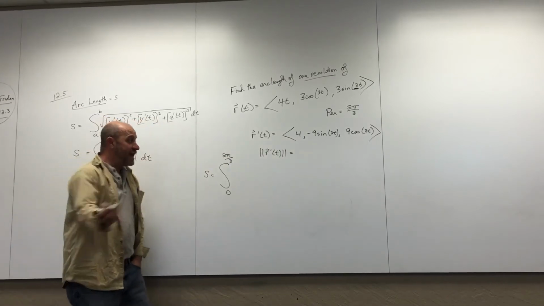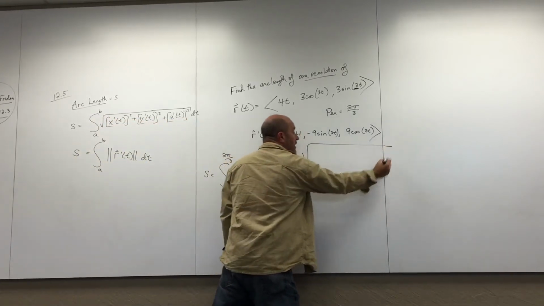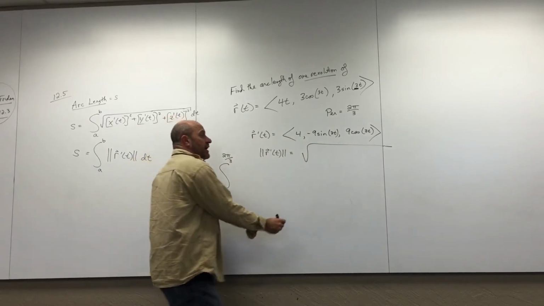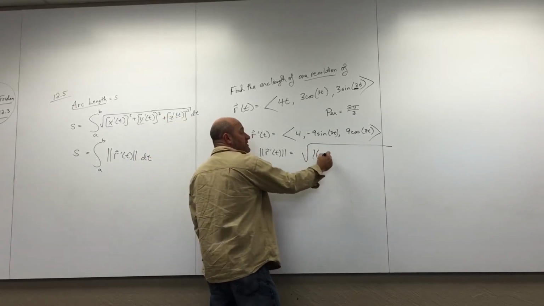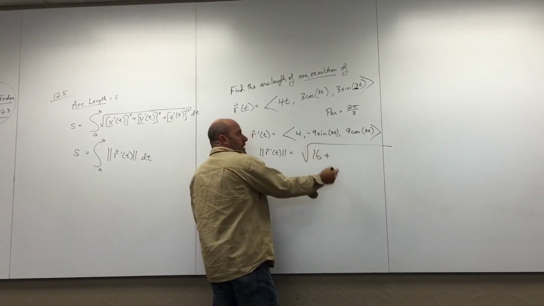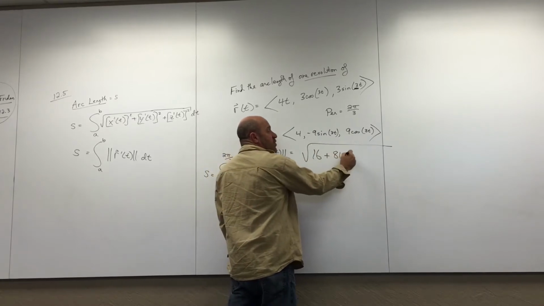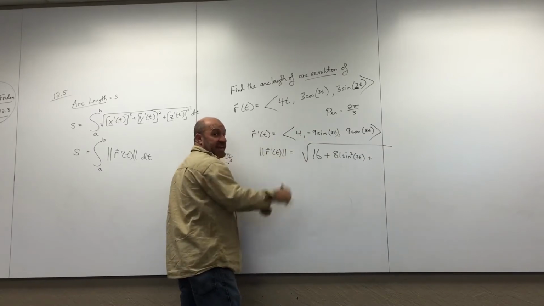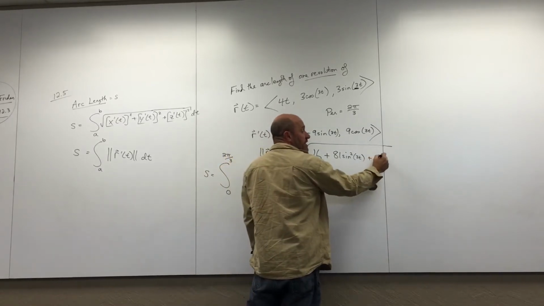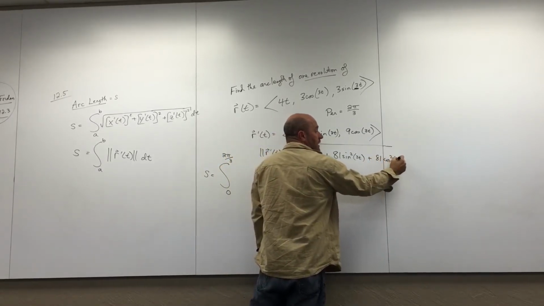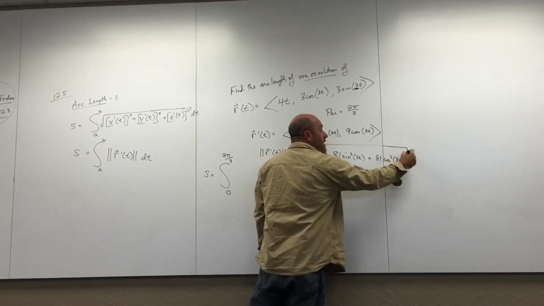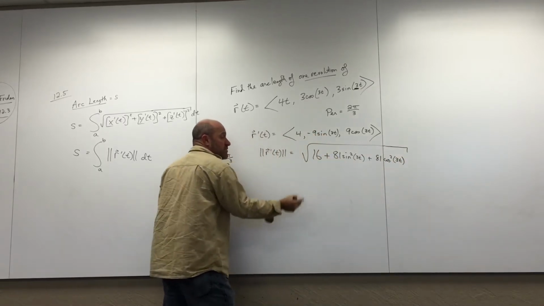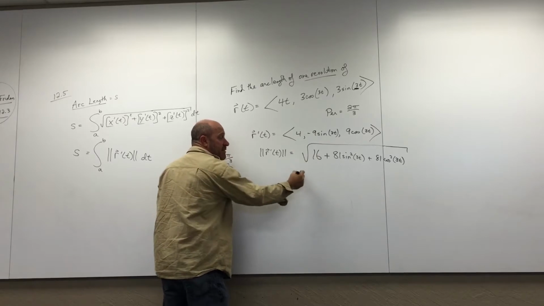The magnitude of that is the square root of, this is awesome, you guys, 16 plus 81 sine squared 3t plus 81 cos squared 3t. And you play the game. Again, if you've been doing some homework, you've probably been running into this game occasionally.